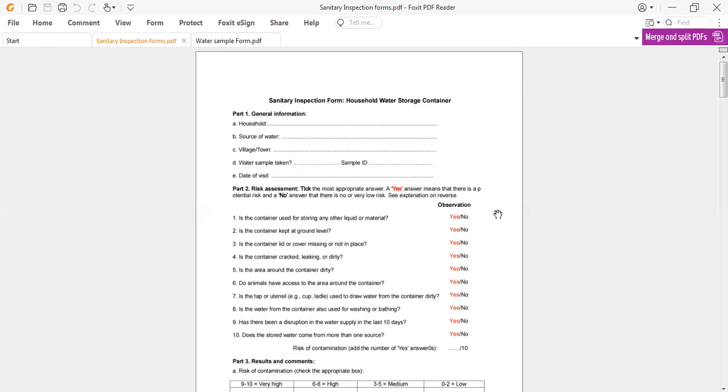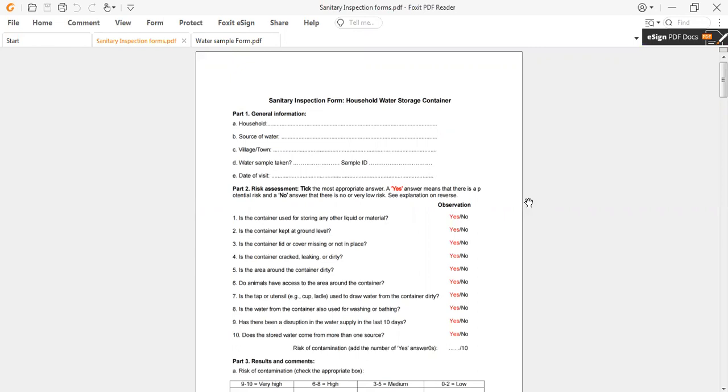Okay. With part 2 of this form, we talk about the risk assessment. Here it is written: tick the most appropriate answer. A yes answer means that there is a potential risk, and a no answer means that there is a very low risk.